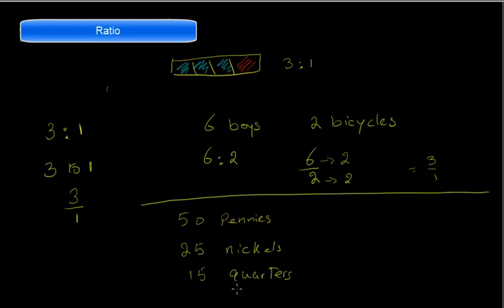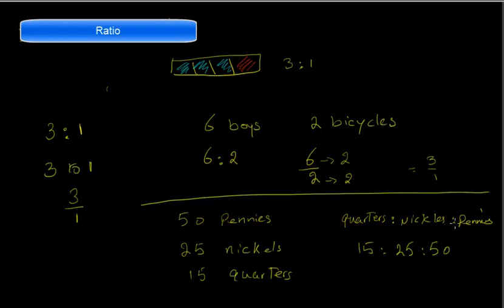So let's say one asks you what is the ratio of quarters to nickels to pennies. So quarters to nickels to pennies. So the ratio is 15 to 25 to 50. Same order.